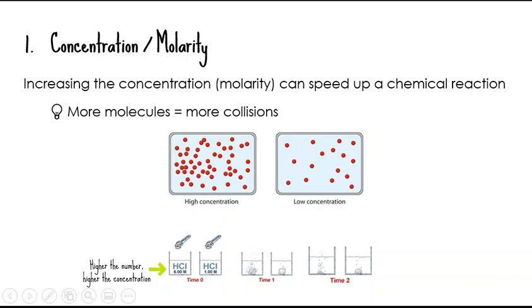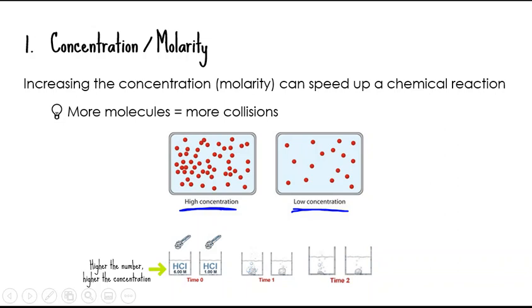This particular diagram shows you higher concentration, lower concentration. They appear to have the same volume because they're the same size squares up there, or rectangles up there. And the one on the left has more of the red dots in there. That would be the chemical. So that one would be more concentrated.